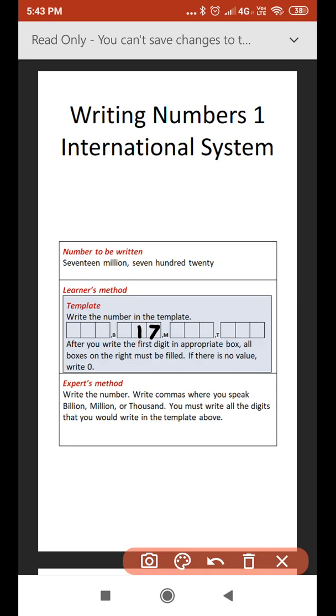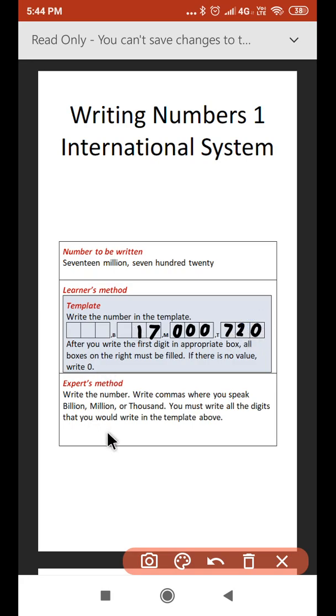720. So how many thousands? There are no thousands. So we will put 3 zeros for thousands. And then 720. That is here 720.